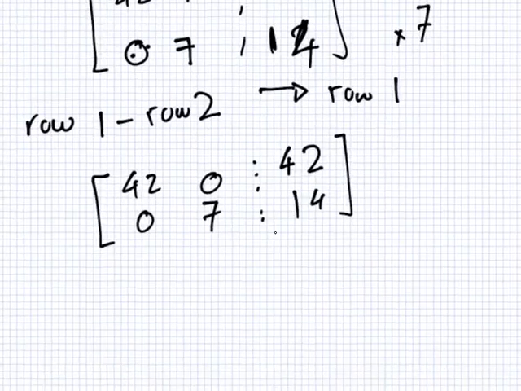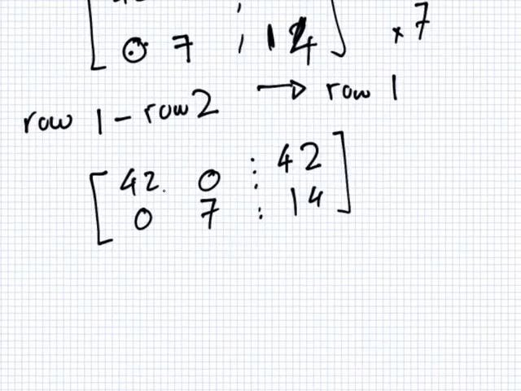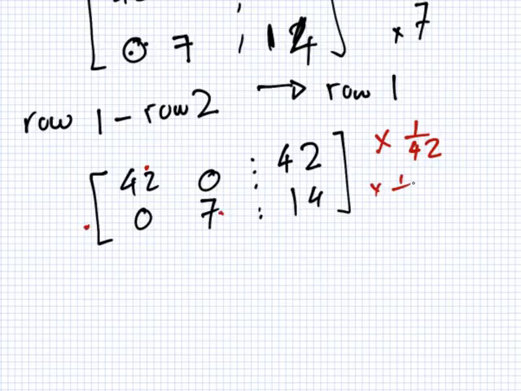And finally, I want to get a 1 here and a 1 here. So what should I multiply this by to make this a 1? 1 over 42. Yes. And what should I multiply here to make this a 1? 1 over 7. So now I get 1, 0, 1.